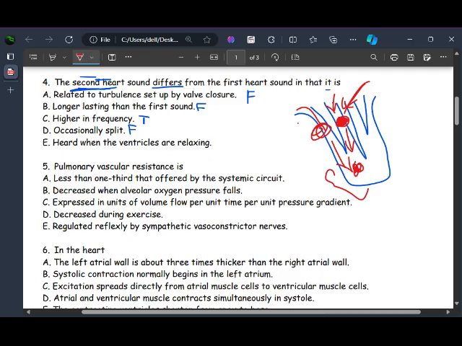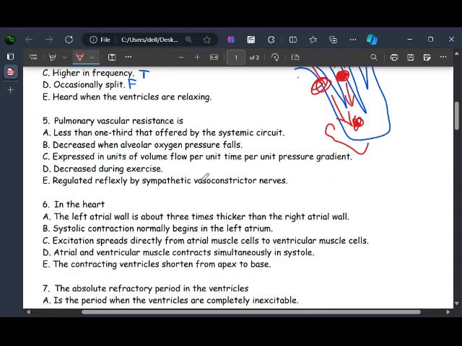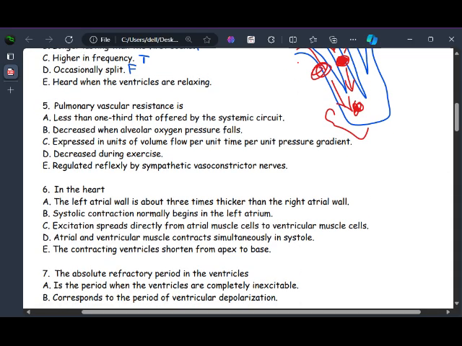Okay, move on to question 5. Question 5 says pulmonary vascular resistance is A, less than one third that offered by the systemic circuit. That statement is true. It's because pulmonary vascular resistance is very low. The reason it's very low is because the lungs need to aerate a large amount of blood.